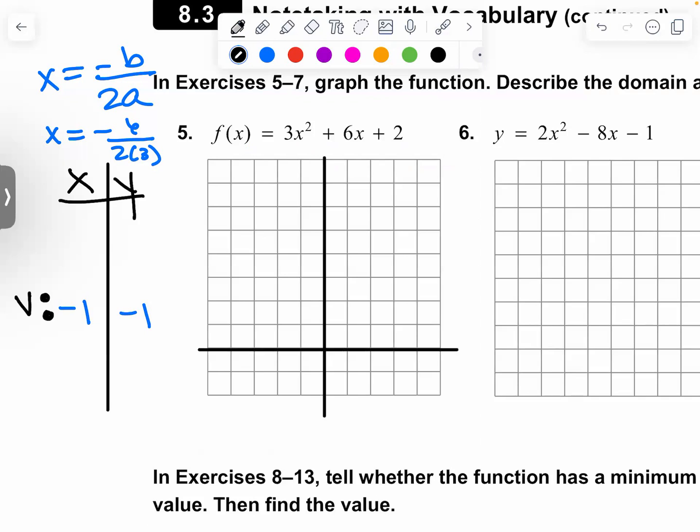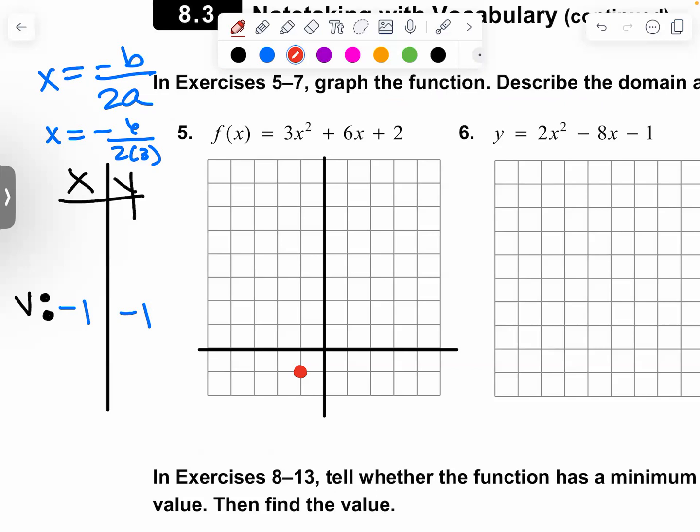So I'm going to plot a point at -1, -1. And I know that this parabola is going to be skinnier because of this 3. Brooks and Connor, I would highly suggest paying attention. If I know that this is where my vertex is, I'm going to pick points on either side of it.